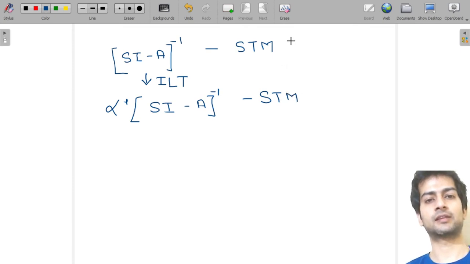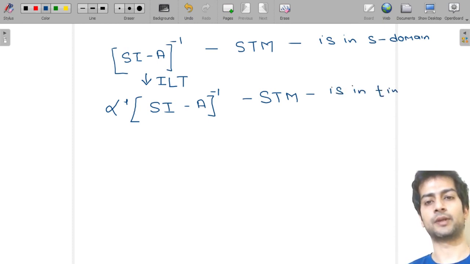So we can say that this state transition matrix is in S domain, and this state transition matrix is in time domain.